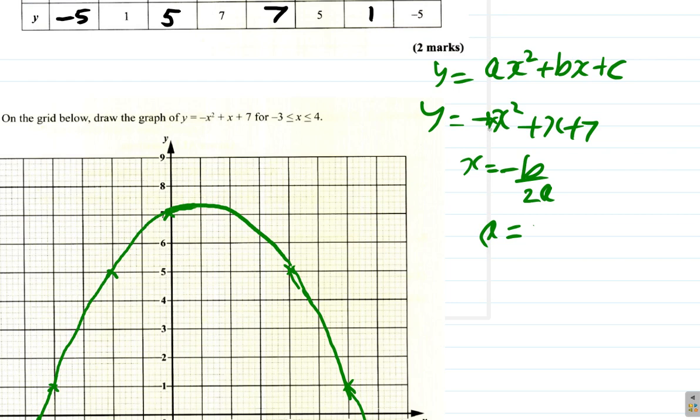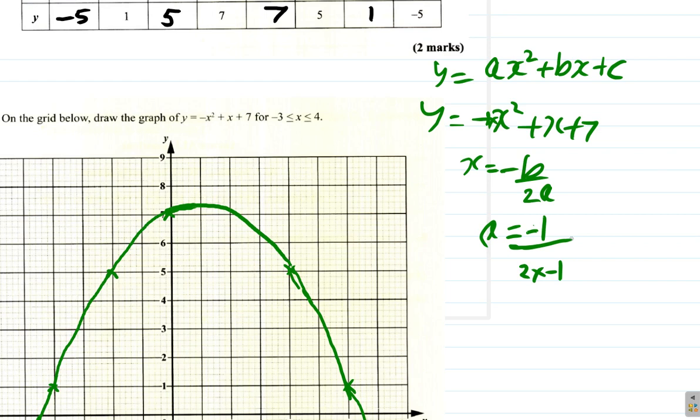Now, in that case, what you're going to have is negative b, where b is the number that multiplies x. b is 1, divided by 2 times a. So it's negative b, I should put the negative here, negative b over 2 times negative 1. So you see that.